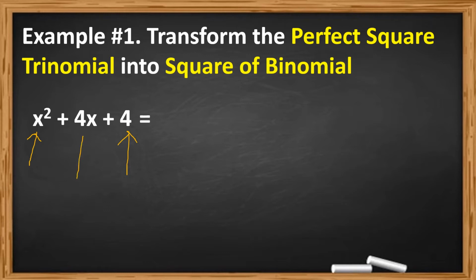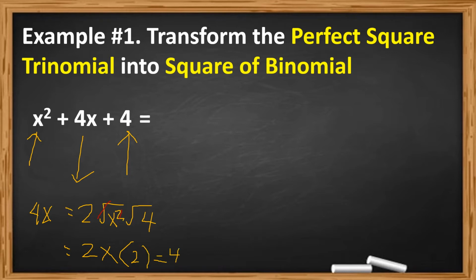Next, our middle term 4x is twice the product of the square root of the first term and the third term. Are they equal? The square root of x squared is x and the square root of 4 is 2. So 2x times 2 is 4x. Okay, so check, our condition number 2 is satisfied.